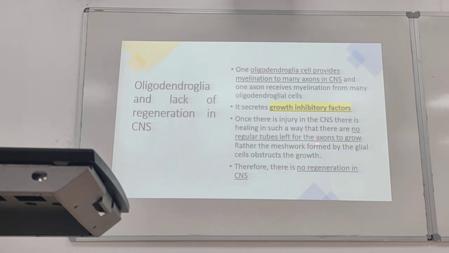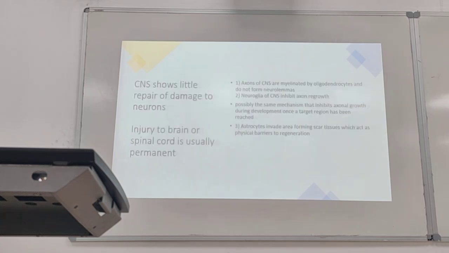If there is injury in the central nervous system, healing happens in a way that no regular tubes are left for the axon to grow. In fact, this area becomes fibrosed and stops regeneration. So no regeneration in the central nervous system is the rule.